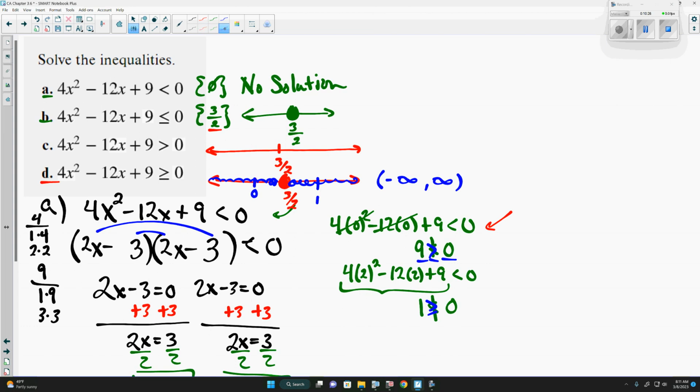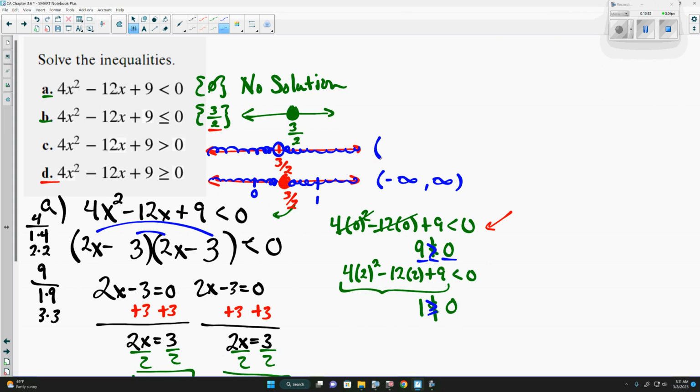Well, coming back to C, if C and D, just like A and B, are the same, it means all the points to the left, all the points to the right would be included because they are above the x-axis. But is the point 3/2 going to be included? No, because it's not equal to.